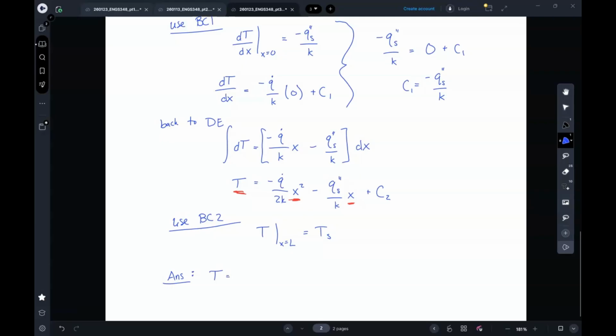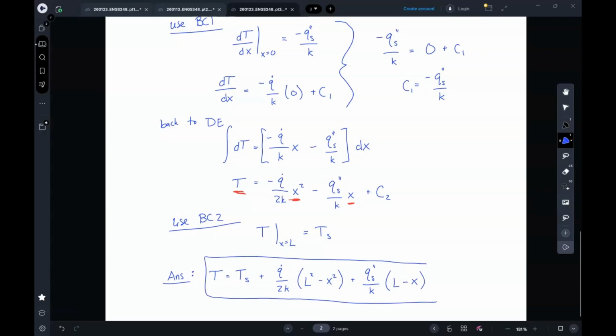We'll do some more examples in class, but this is going to be T equals Ts plus q dot over 2k times L squared minus x squared, plus qs double prime over k times L minus x. So that's what you should get after you evaluate for c2 and do a little bit of simplification.